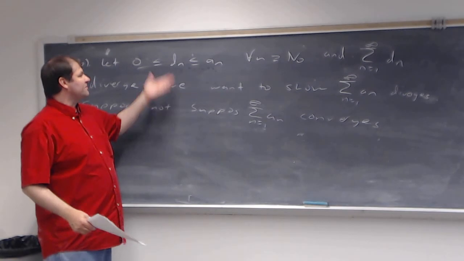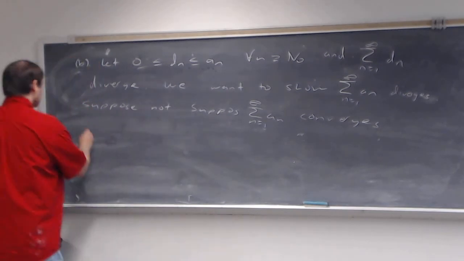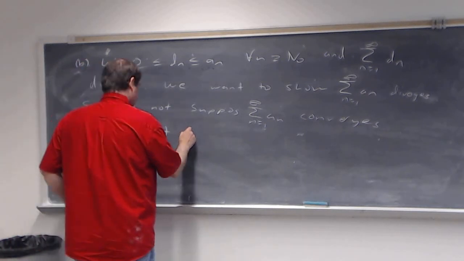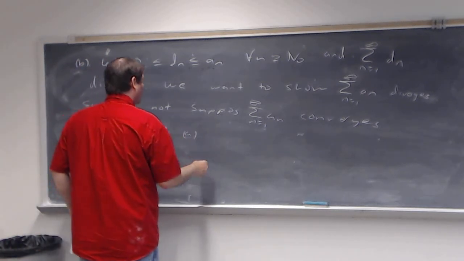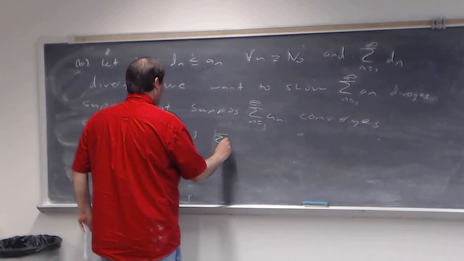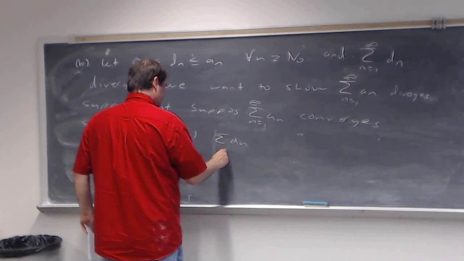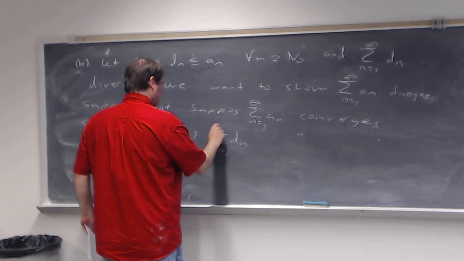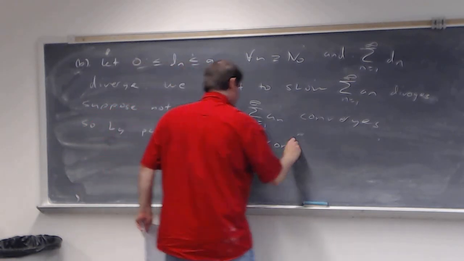Well, by part A, we have that the sum of the b sub n's, as n runs from 1 to infinity, would have to converge.